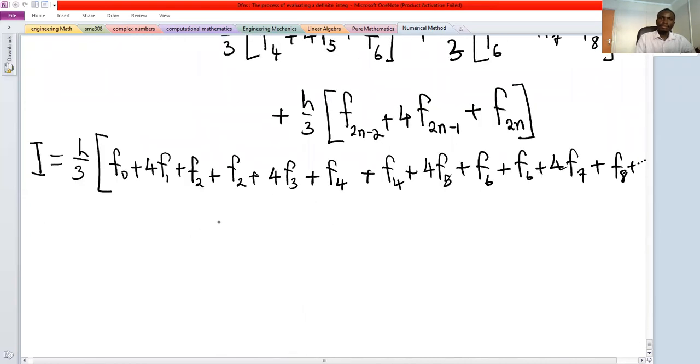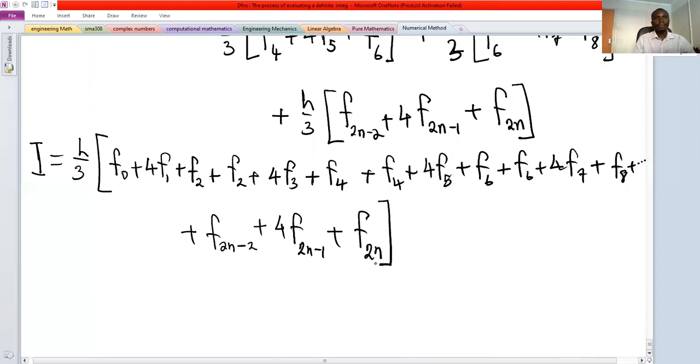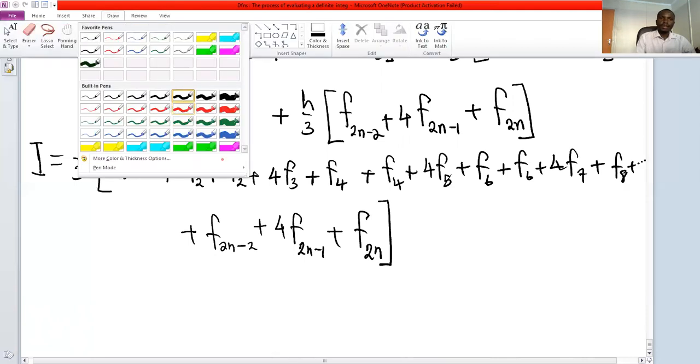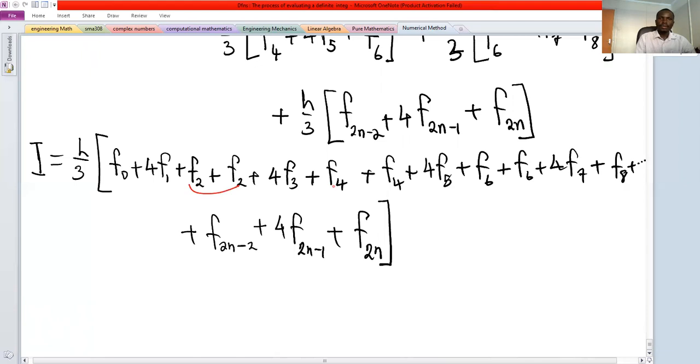This last one we have f2n minus 2 plus 4 f2n minus 1 plus f2n. Now there's a pattern you can see that this will be 2, this will be 2, this will be 2. So also expect this one to have an f8 here, and also expect to have an f2n minus 2 here. And these odd numbers, they're always 4.